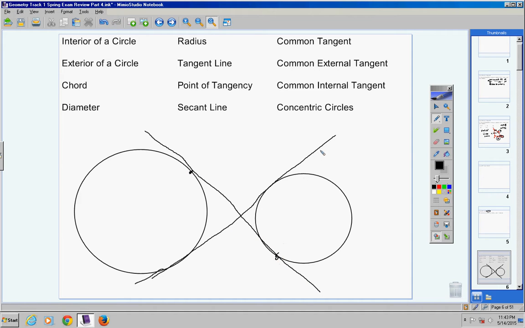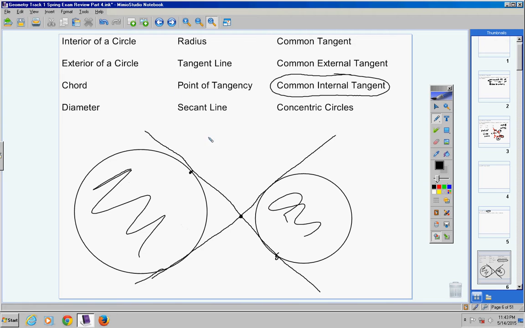Now these two tangents, look, this line here is tangent to two circles, this line here is tangent to two circles, and they intersect in between the two circles. We call those two tangents common internal tangents because they intersect on the inside. Now, when I say inside, not the inside of the circle, but the in-between part of these two circles. Those are called common internal tangents, okay? You need to know that.